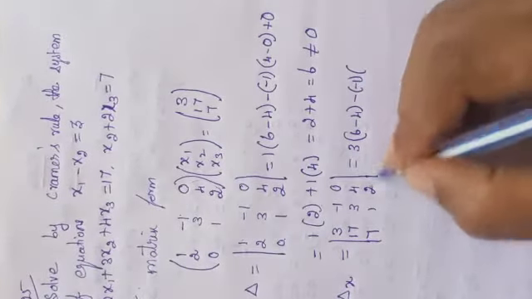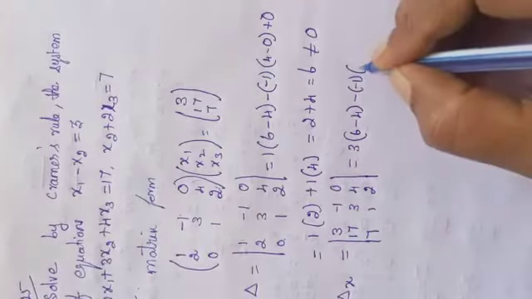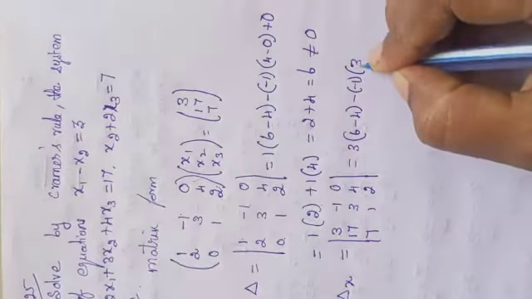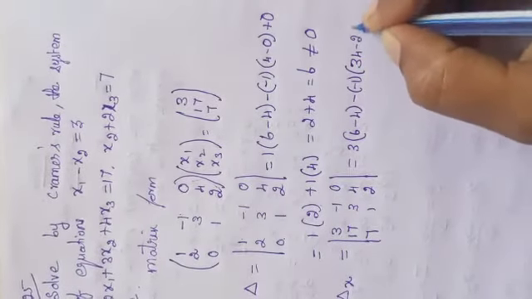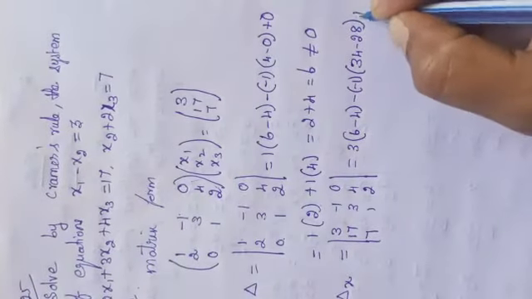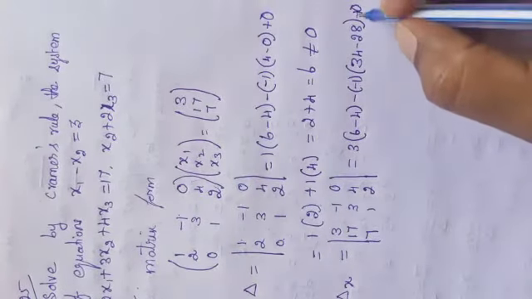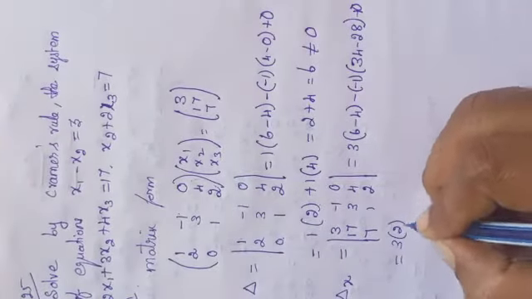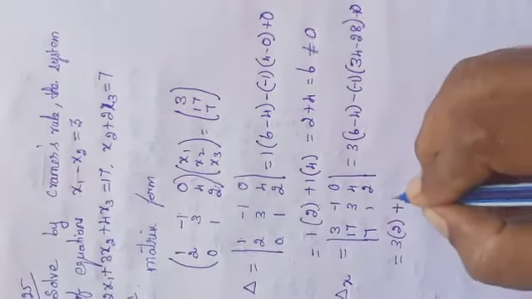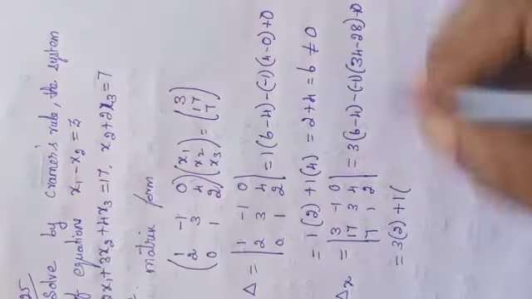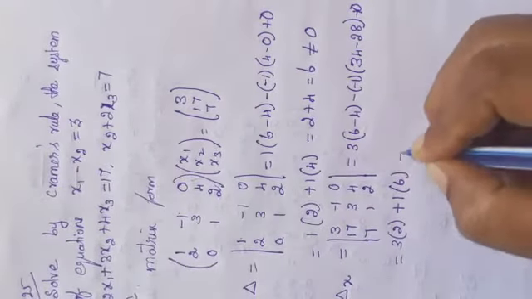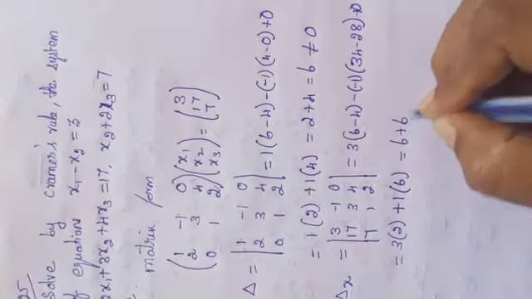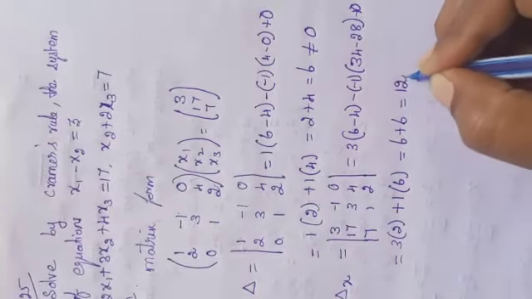Minus 1 into, leaving that row and column, 17 into 2 is 34, minus 7 into 4 is 28. Again plus 0 into any number is 0, which is equal to 3 into 6 minus 4, 2, minus into minus plus 1 into 34 minus 28 is 6. So 6 plus 6 is equal to 12.